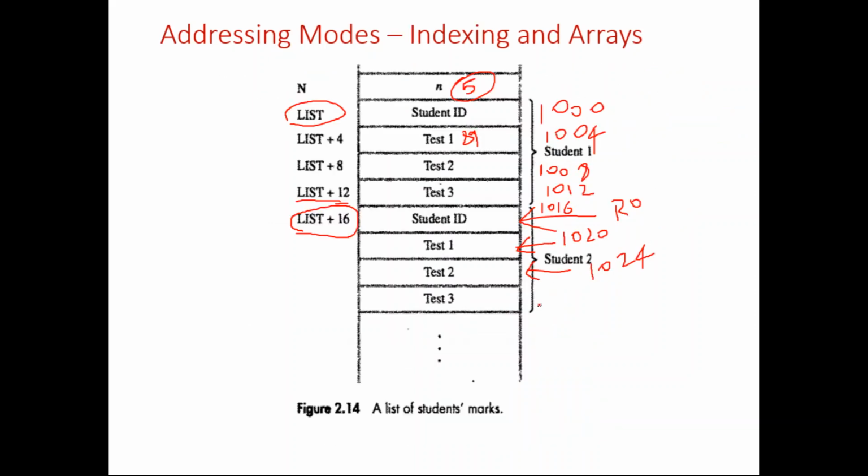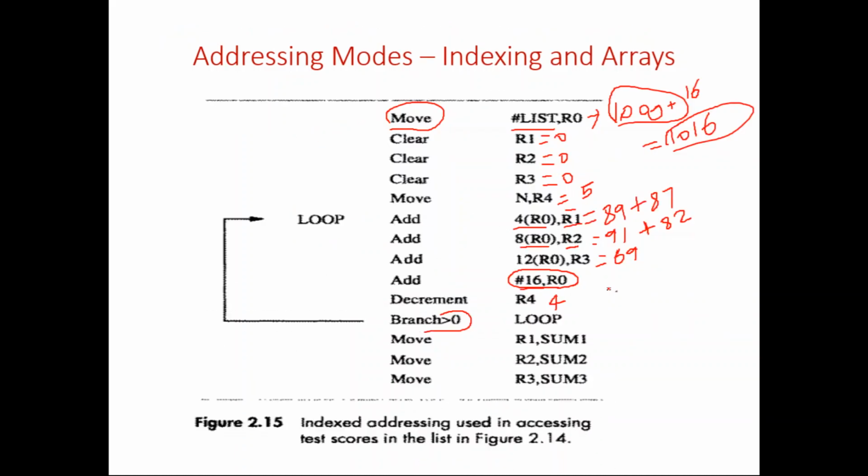So what is the value at 1028? The value at 1028 is the test 3 score. Now that will be added with R3. So if the test 3 score is 78, that will be added with R3.